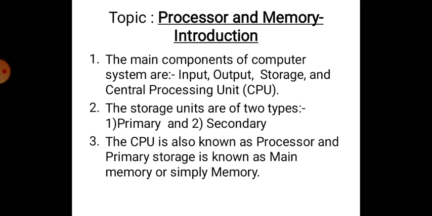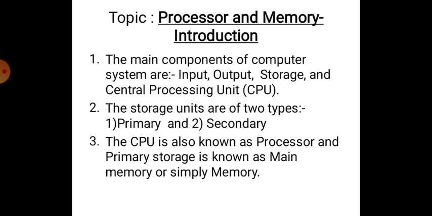The main components of a computer system are input, output, storage and central processing unit. So students, you have studied the block diagram. There are 5 main components: input unit, output unit, storage unit, control unit and arithmetical logic unit.